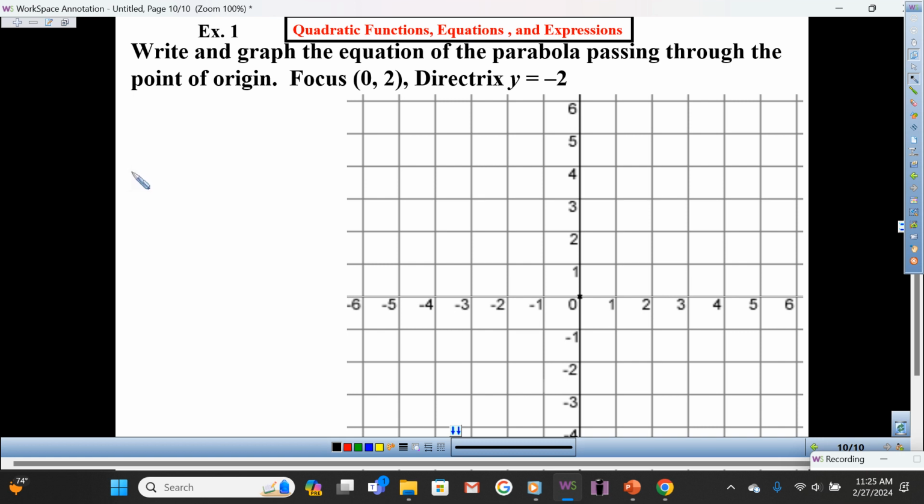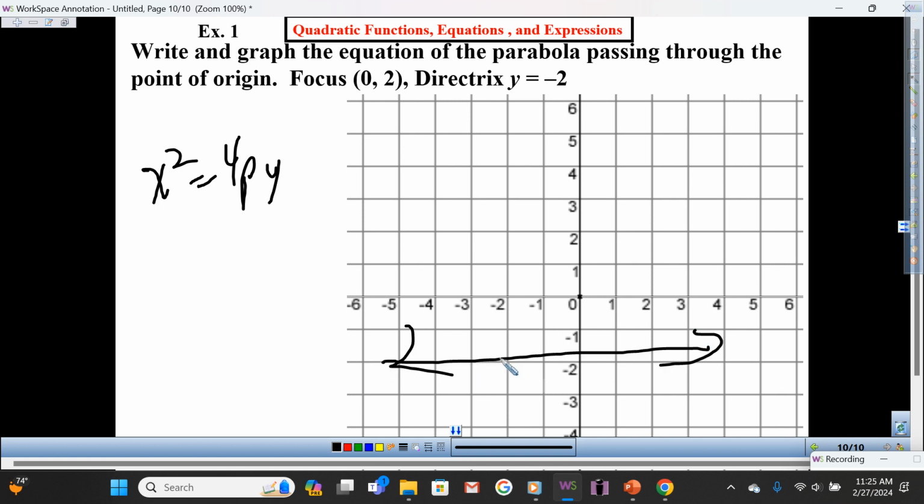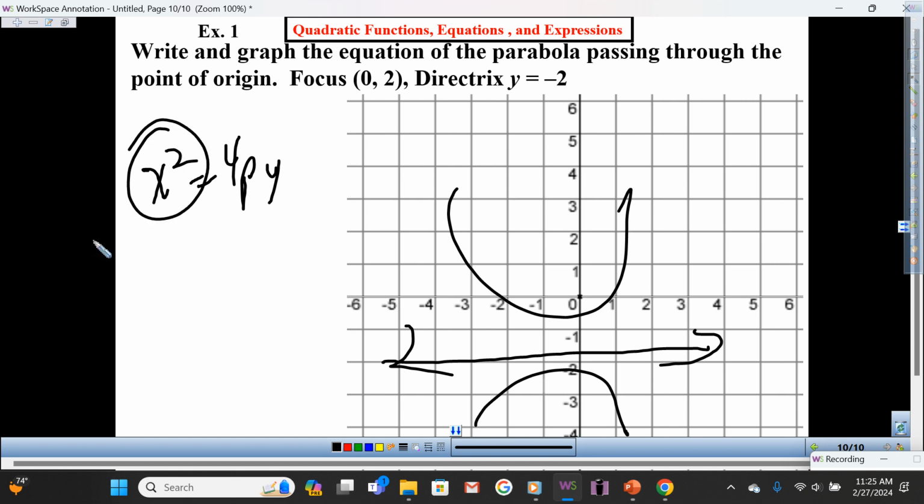Gianni. X squared equals 4py. Hands, do you agree with that? That is correct, because the directrix is going what? Side to side, which means the parabola is going to be here or here, which is what? An x squared parabola.